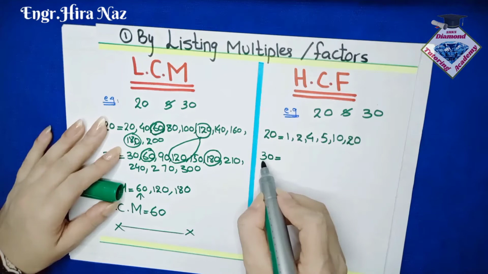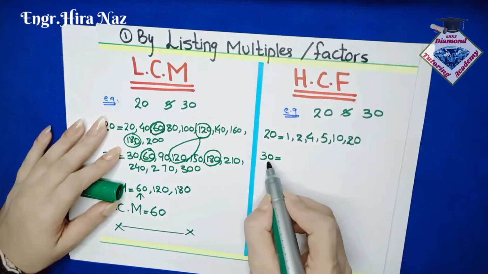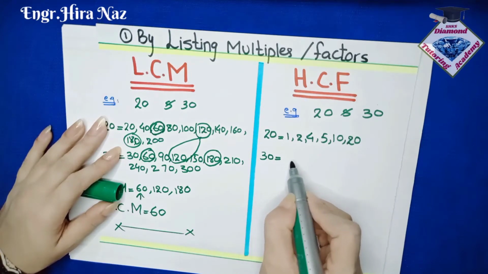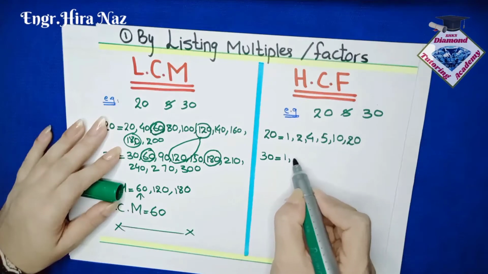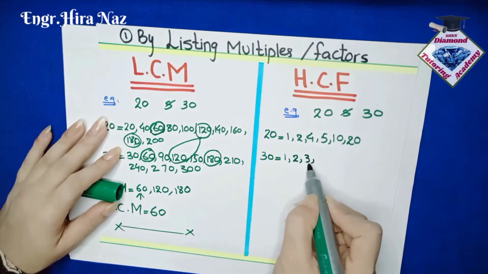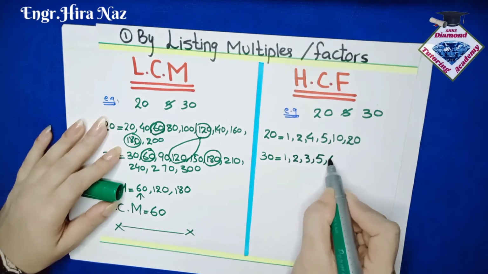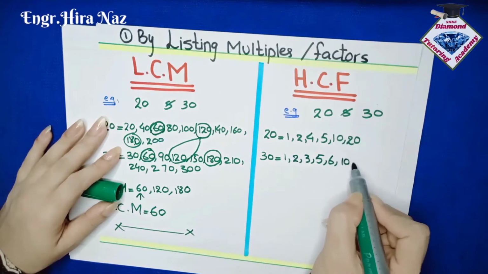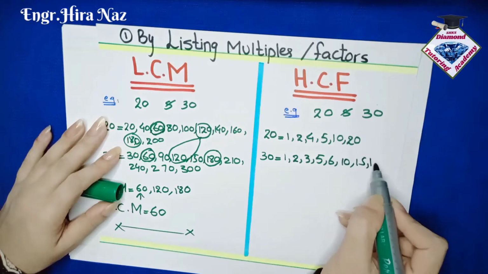Now we write all the factors of 30. The factors of 30 are 1, 2, 3, 5, 6, 10, 15 and 30.